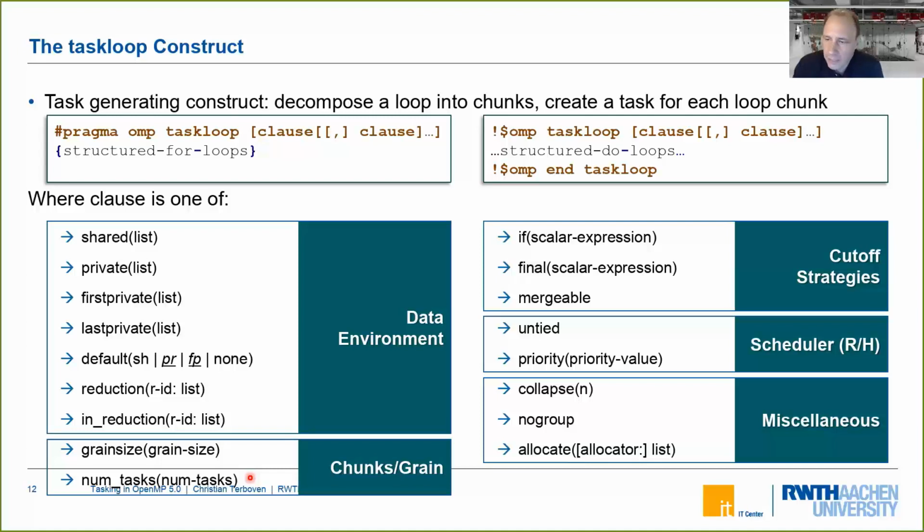And then, unless there are special dependencies, priorities, and so forth, the tasks can be executed possibly in a different order than the loop iterations in the original for loop. And that can give you additional scalability advantages. However, if you do something like STREAM, don't get me wrong, the parallel for is still the much more efficient solution. So you need to select the right tool for your job at hand.